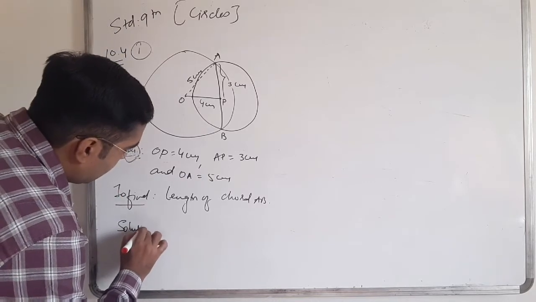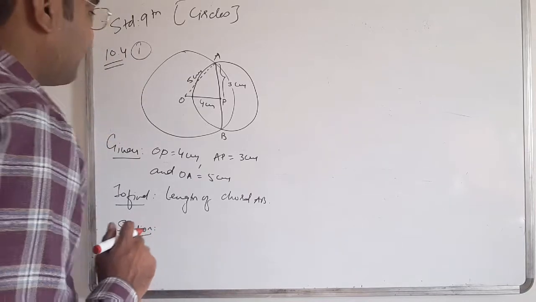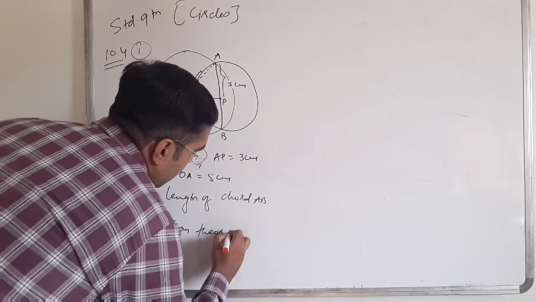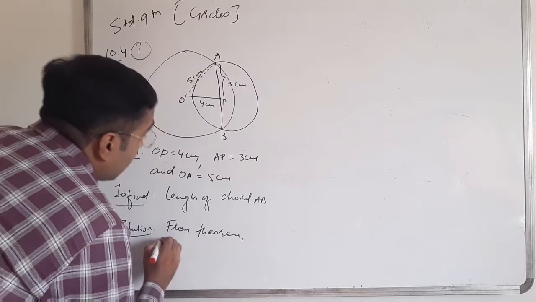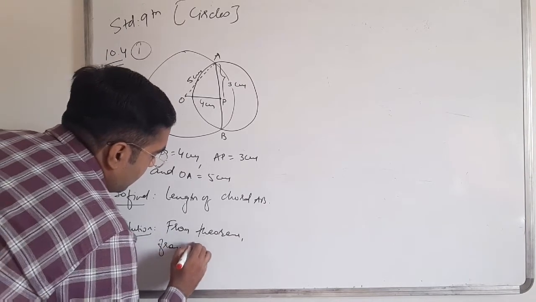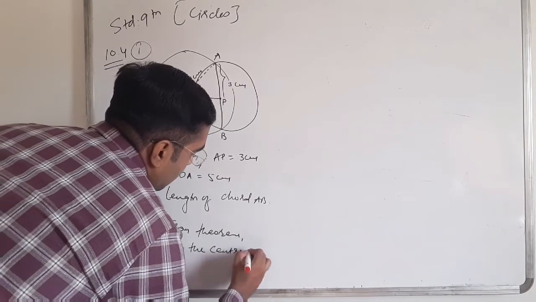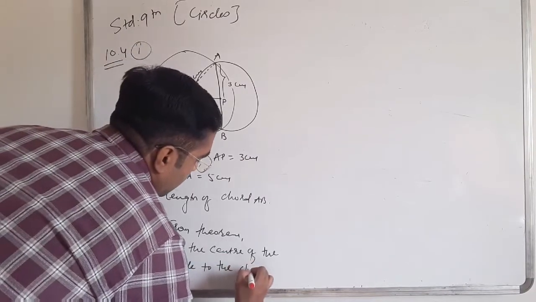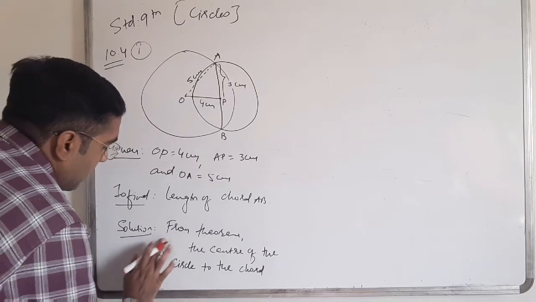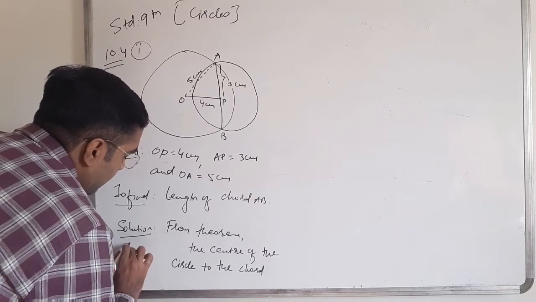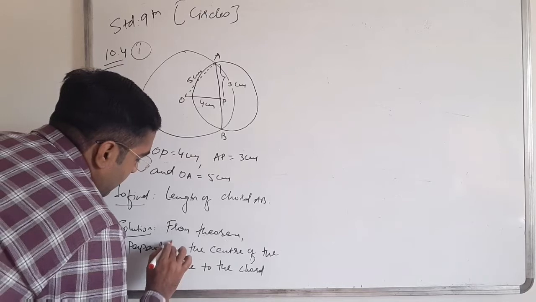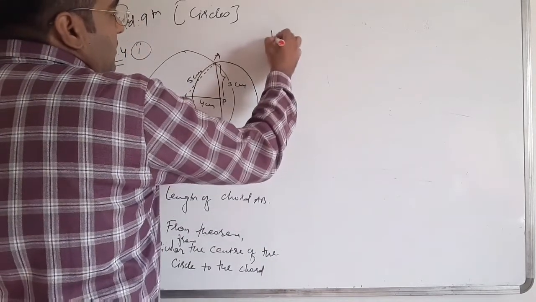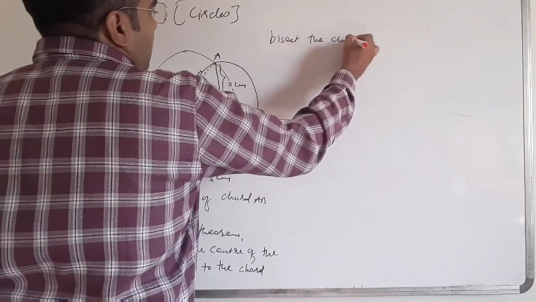So solution: from the theorem we know that the perpendicular from the center of the circle to the chord bisects the chord.